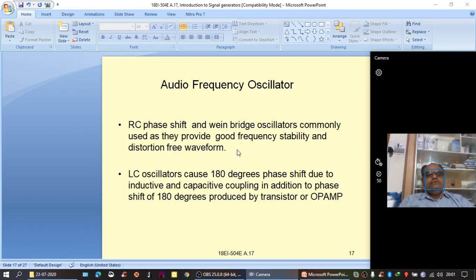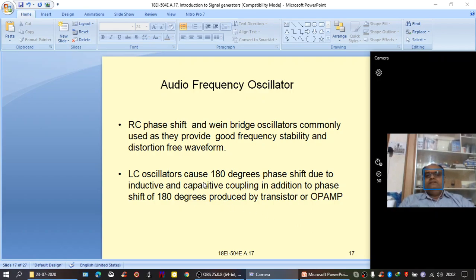So widely used RC oscillators are, one is RC phase shift oscillator and the other one is Weinbridge oscillator. Other types of oscillators also are available, but these two provide good frequency stability and distortion free waveform, and that is why these two are widely used in the RC oscillators category. The second one is LC oscillators.